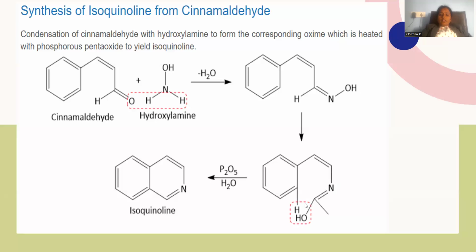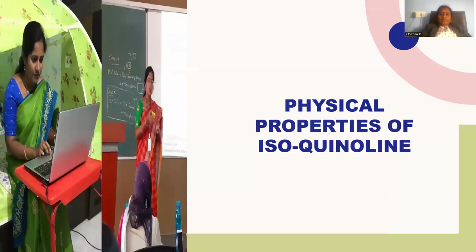After getting this hydroxyl over the carbon atom, it will go with dehydration under the dehydrating agent phosphorus pentoxide, giving isoquinoline as the final unsubstituted product. In order to achieve this reaction, the starting material will be cinnamaldehyde condensed with hydroxylamine, oxime intermediate, subsequent rearrangement and dehydration, giving isoquinoline as the final product.